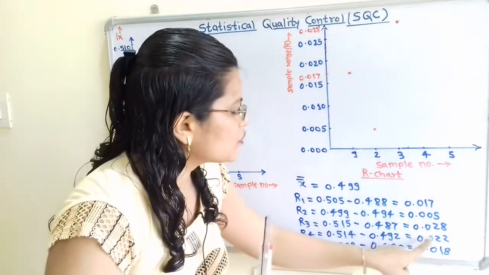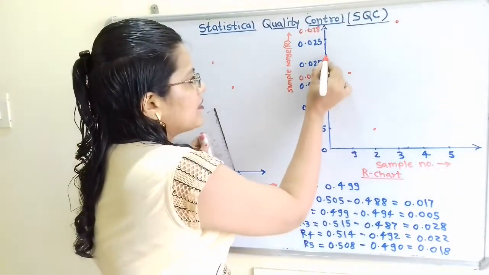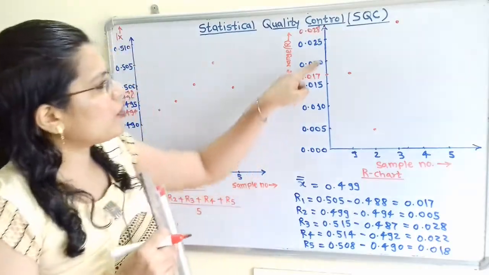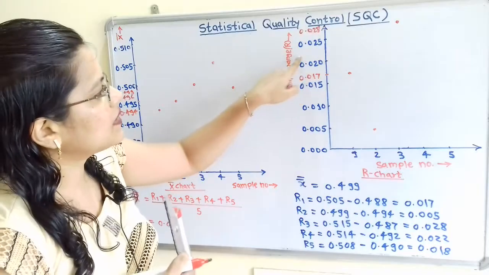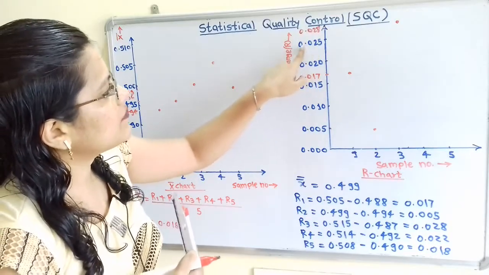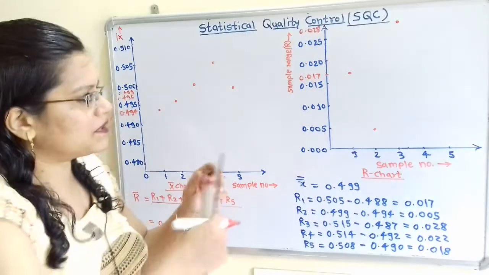Then next one 0.022. So it is 2 centimeter after 0.020. Now if we observe, we can say 0.020. Then after 1 centimeter 0.021, 22, 23, 24 and 25. So in between 20 and 25, there is 5 centimeter distance.